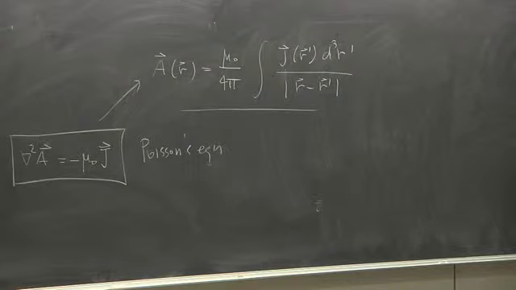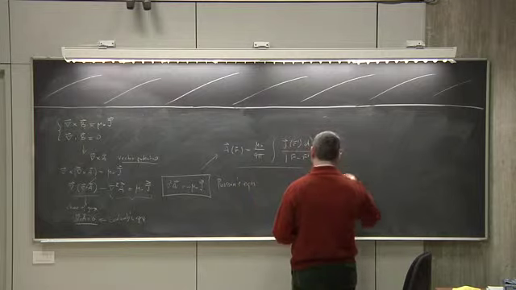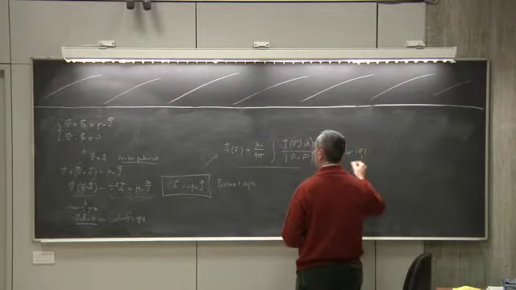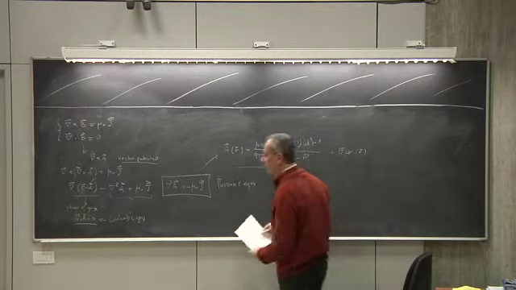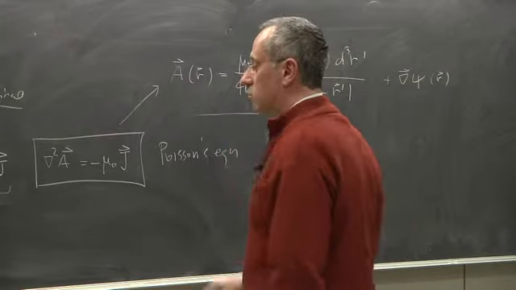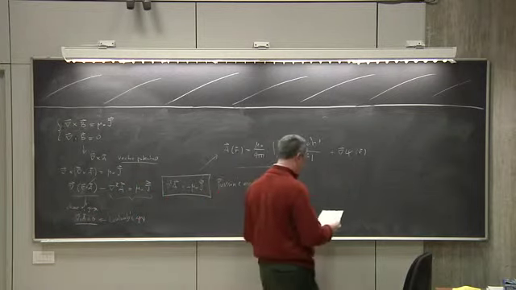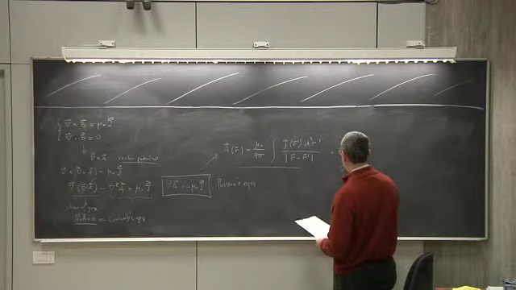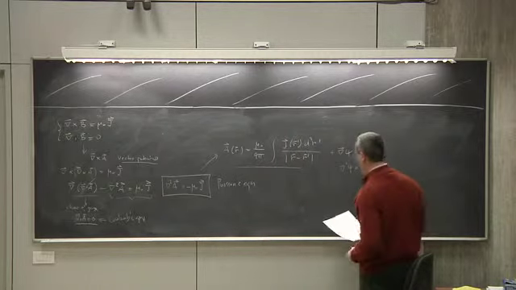Is this clear? In this equation I can always add the gradient of some scalar function. But this is the generic solution, and it also has to satisfy the Coulomb gauge condition. That means that this scalar function must satisfy the fact that this is equal to 0, because I take the divergence of the gradient, so I get back the Laplace equation.